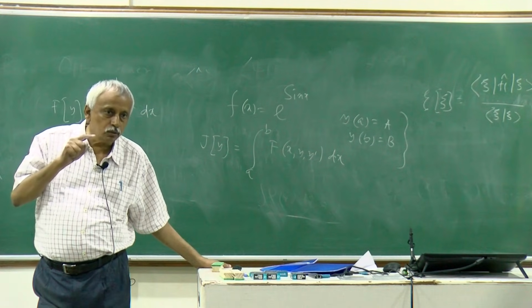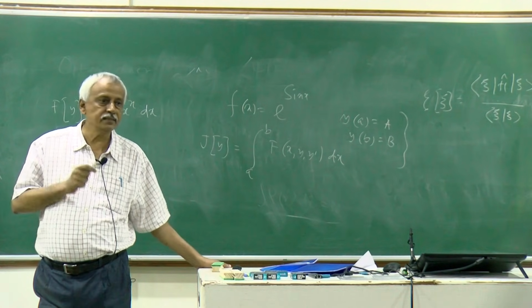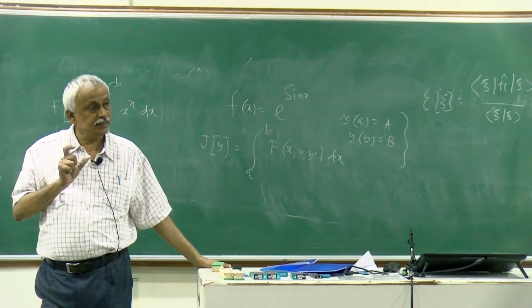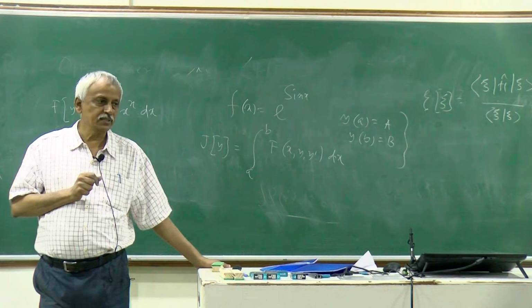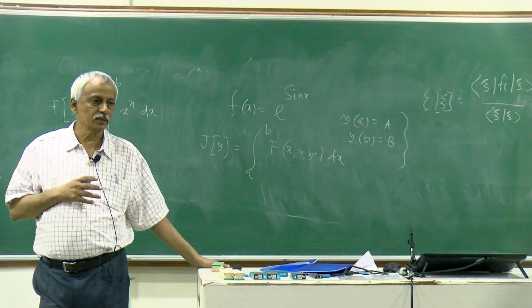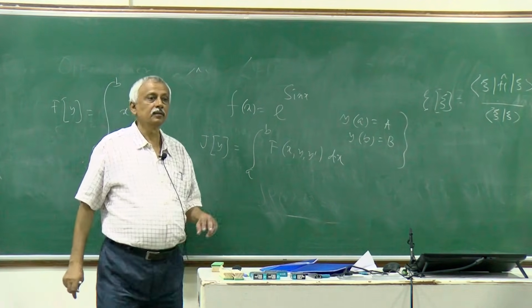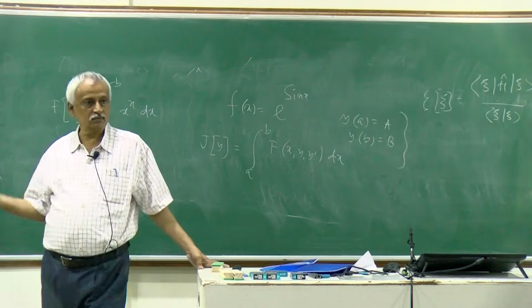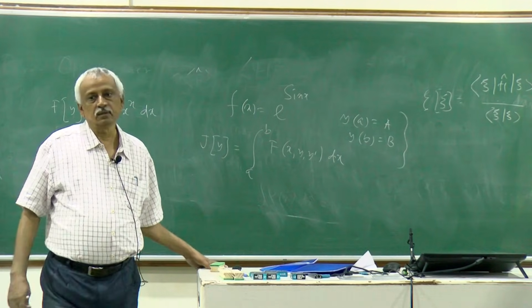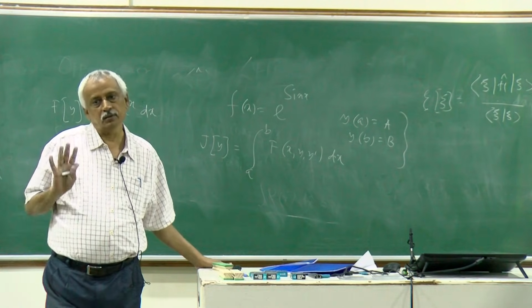We'll go to a point in density functional theory that we are interested in density functionals. That means different types of densities will appear as this y, and what are the values of those functionals, that should be our concern.